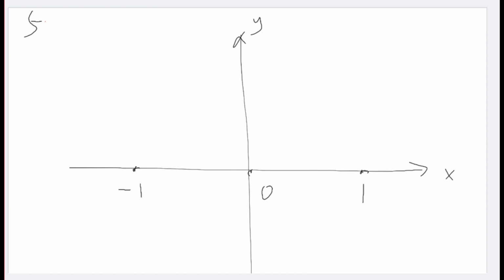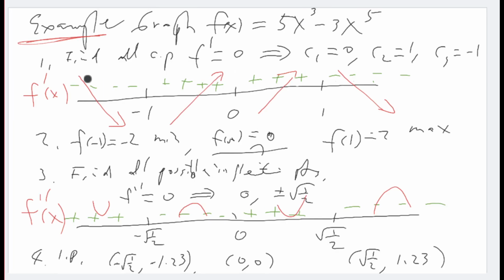Of course, we're going to make use of the result that it's decreasing over here, it's increasing between -1 and 0, it keeps increasing and so on. Before we get that, let's actually mark the maximum and minimum first. From this part, we find there's a minimum at -1. The exact location is (-1, -2).